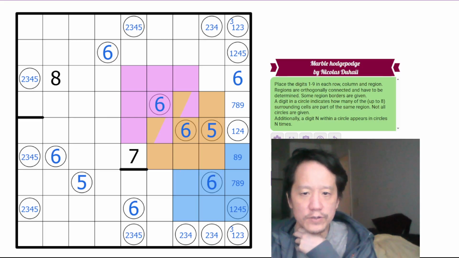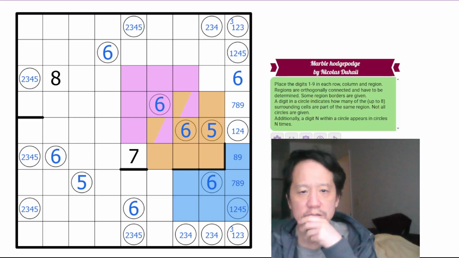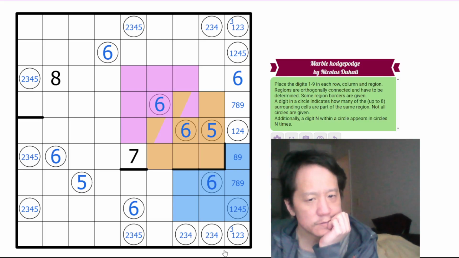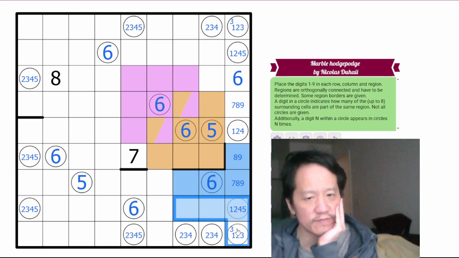So we know these are boundaries, definitely. We don't know anything about these. If this were 4, it would have to be 1, 2, 3, 4, 5, 6, 7, 8, and 9. That's fine.